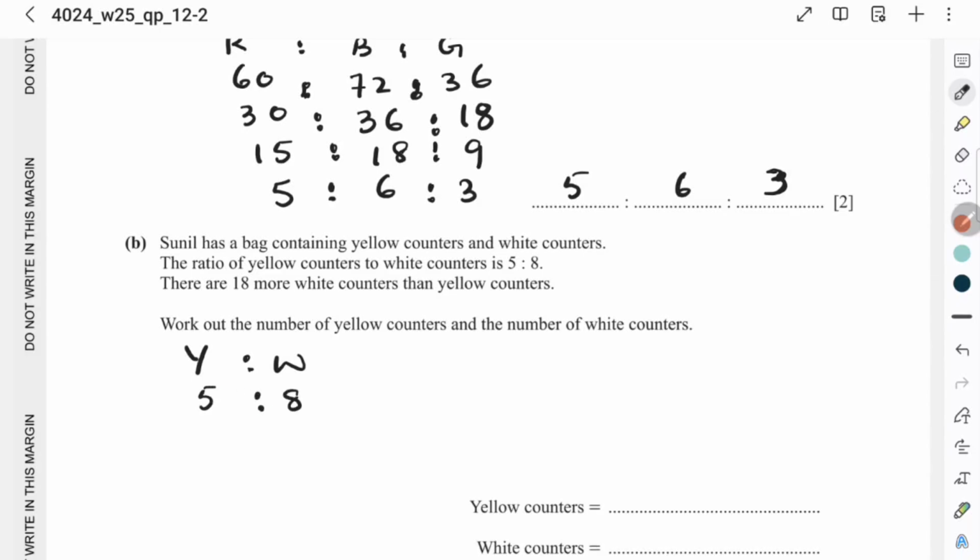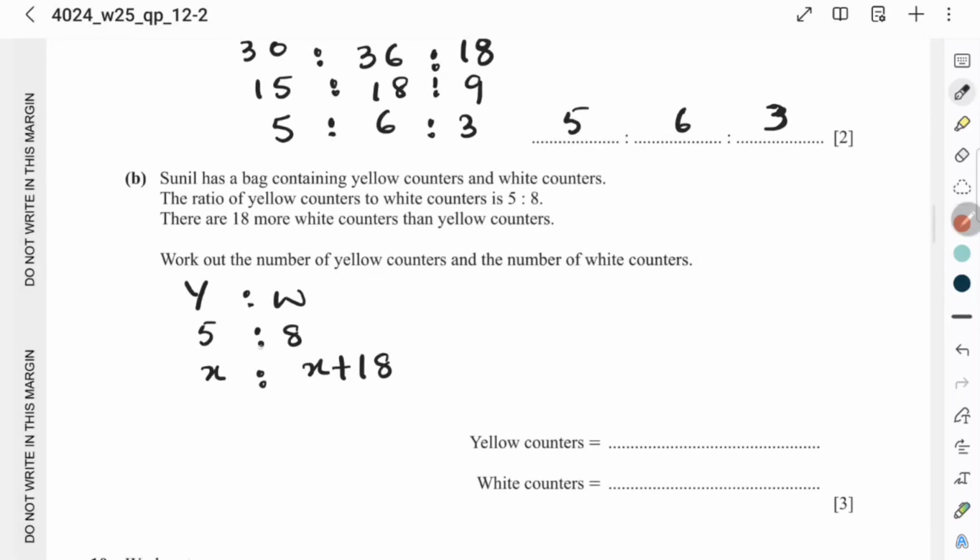There are 18 more white counters than yellow counters. So it means if the yellow counter is x, then your white counters will be x plus 18. And they are just asking you to find the number of the yellow counters and the number of white counters. Just simply cross multiply.